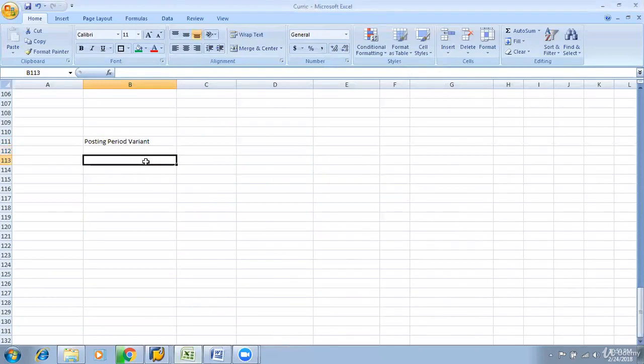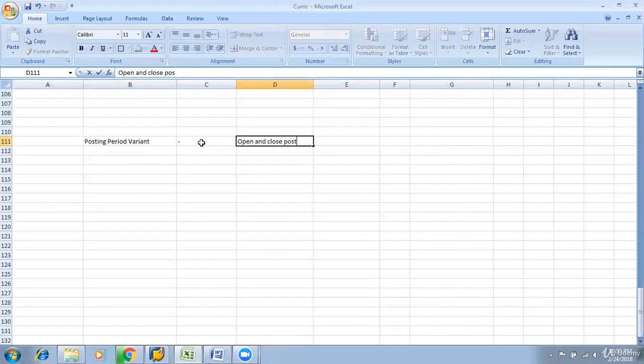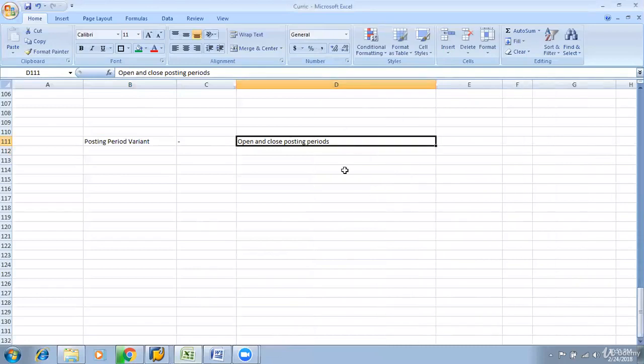Posting period you have already seen. Let me describe this thing. This can better be emphasized by saying it is open and close posting periods. Yes, posting period variant is nothing but open and close posting periods.